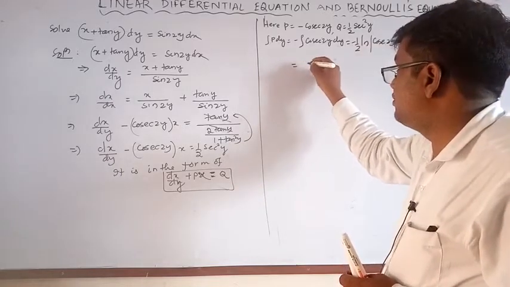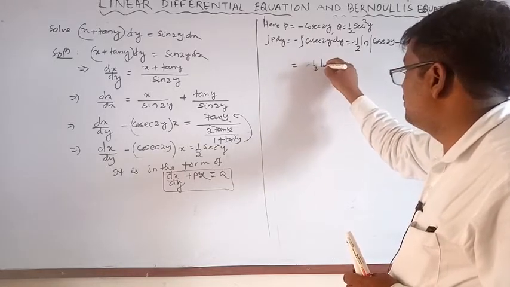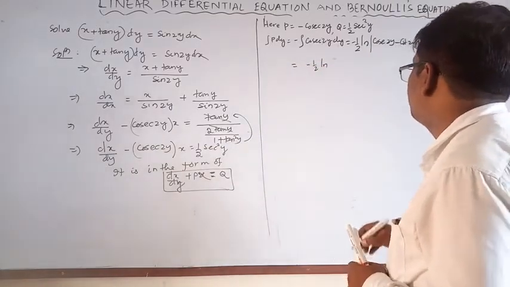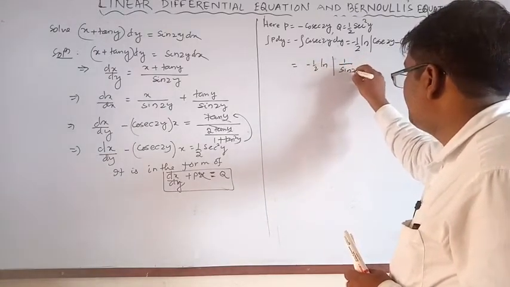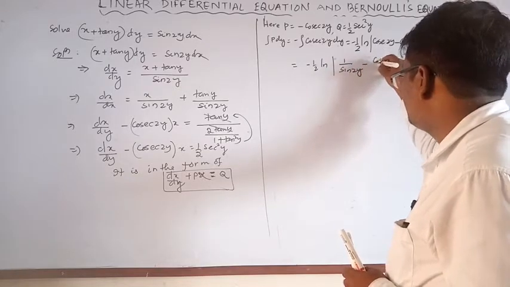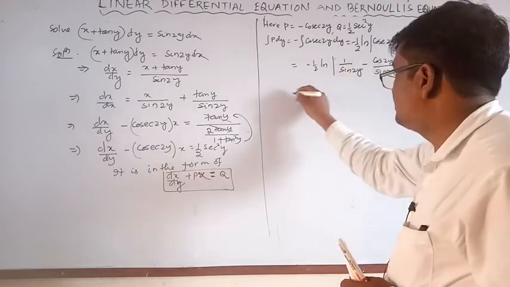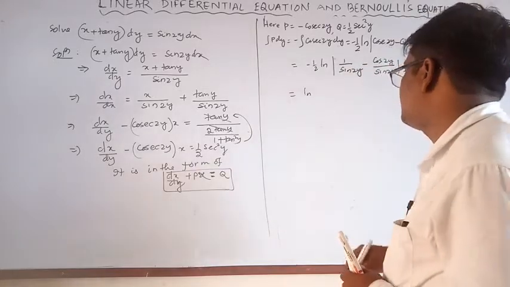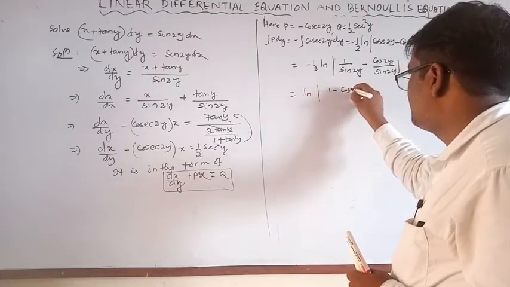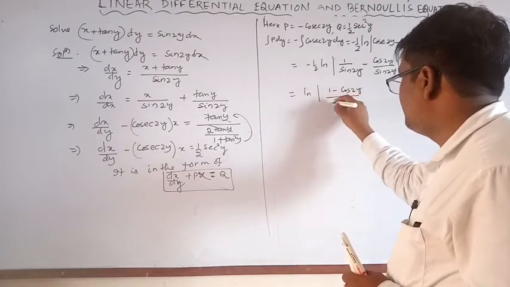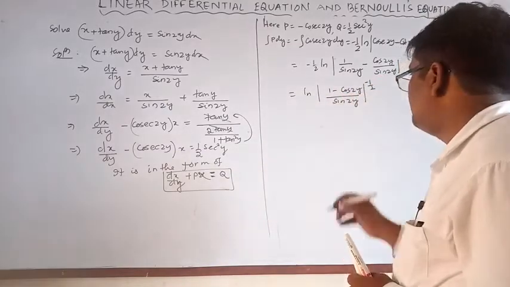That is minus 1 by 2 into log of 1 by sin 2y minus cos 2y by sin 2y. This is equal to log of, minus half, that is log of (1 minus cos 2y by sin 2y) to the power minus 1 by 2.